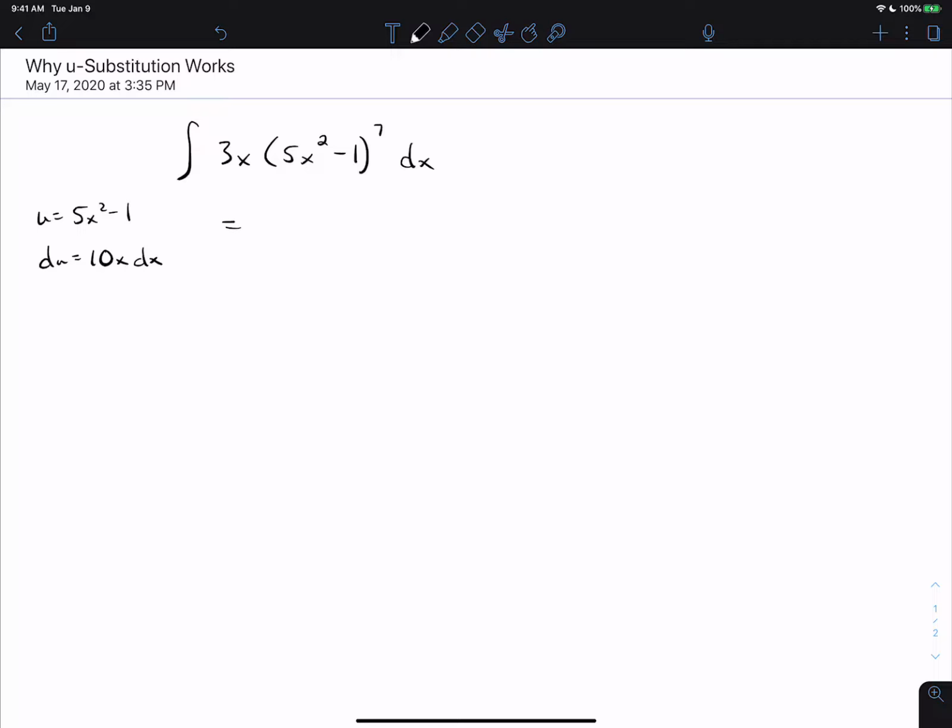So as we saw in the last video, we're going to pull the 3 out. We're going to put 5x squared minus 1 to the 7th at the beginning. We're going to put the x next to the dx. We're now going to multiply by 10 inside and 1 over 10 outside.